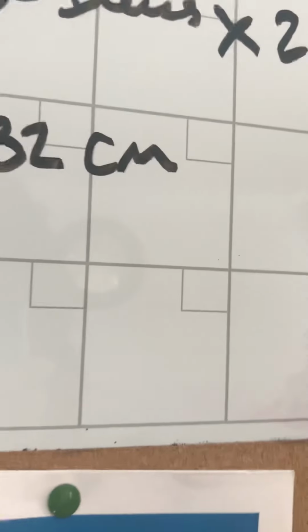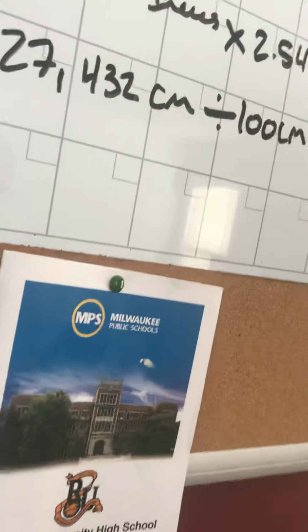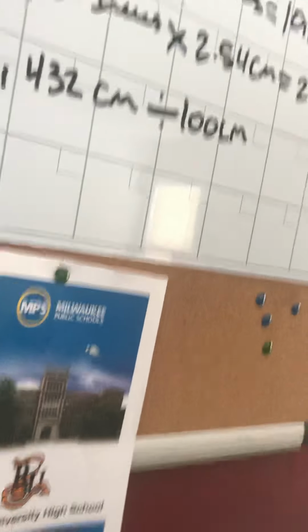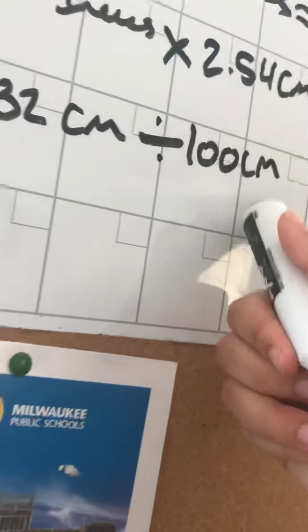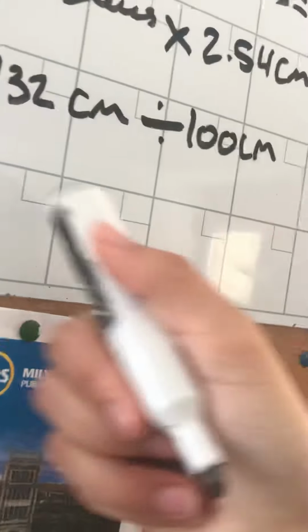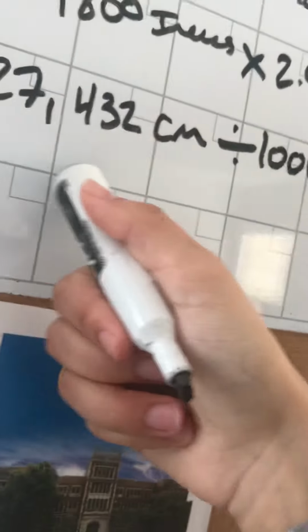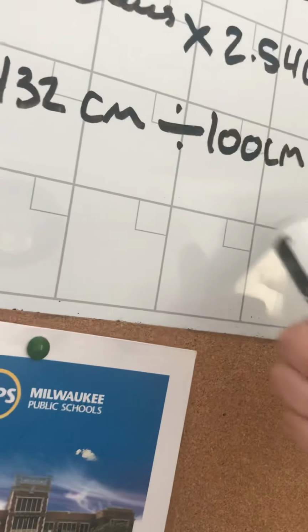So we're going to take 27,432 centimeters and divide by 100 centimeters. Why are we dividing instead of multiplying here? We are trying to get centimeters by itself, so we're dividing by itself. 27,432 centimeters divided by 100 centimeters is going to leave us with meters.